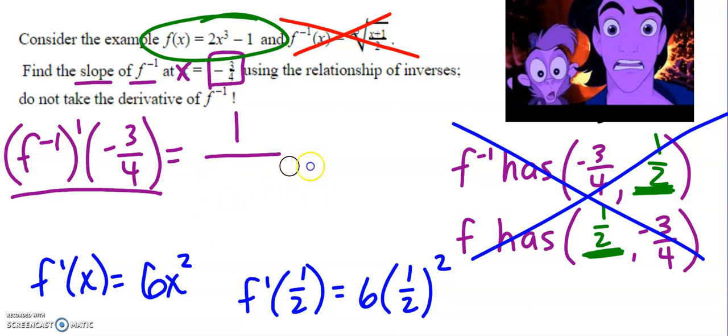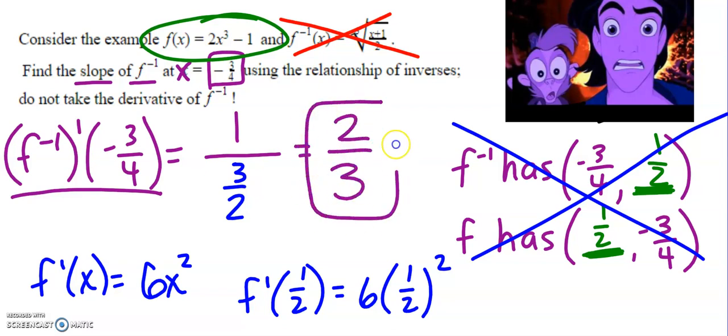So this whole thing gets replaced with 3/2, 1 over 3/2, final answer that I want. This whole thing is equal to 2/3. The slope of the inverse at negative 3/4 is 2/3.